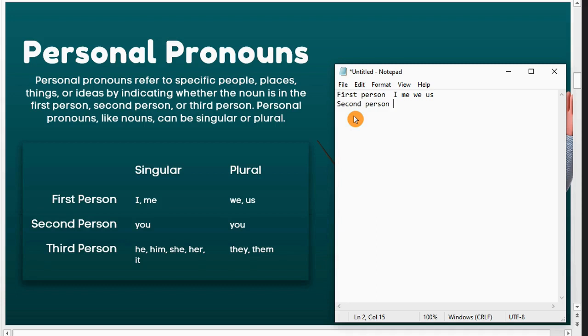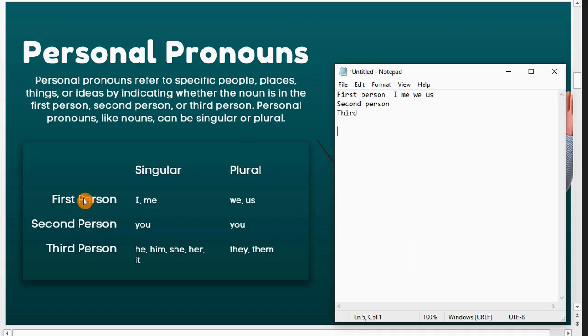If I'm talking about the third person, it means I'm talking about the person who is the third one: he, him, she, her, they, someone else. For example, "they are coming": we are talking about someone else, so it would be third person.